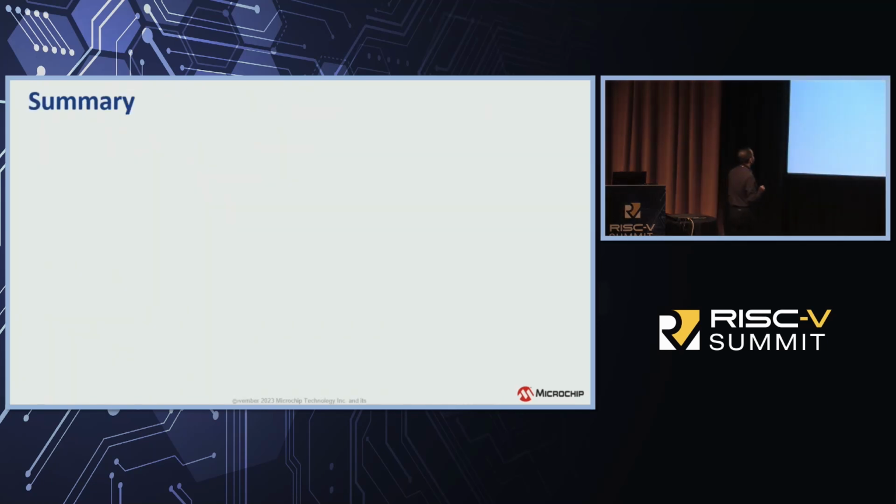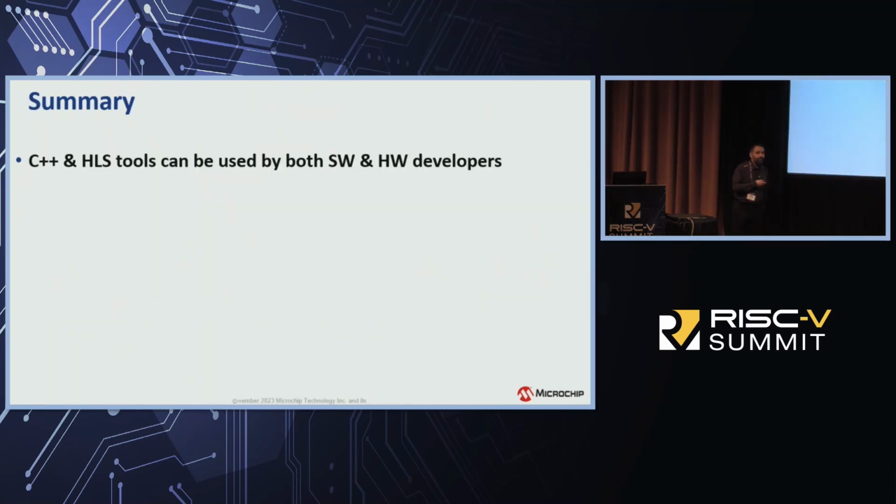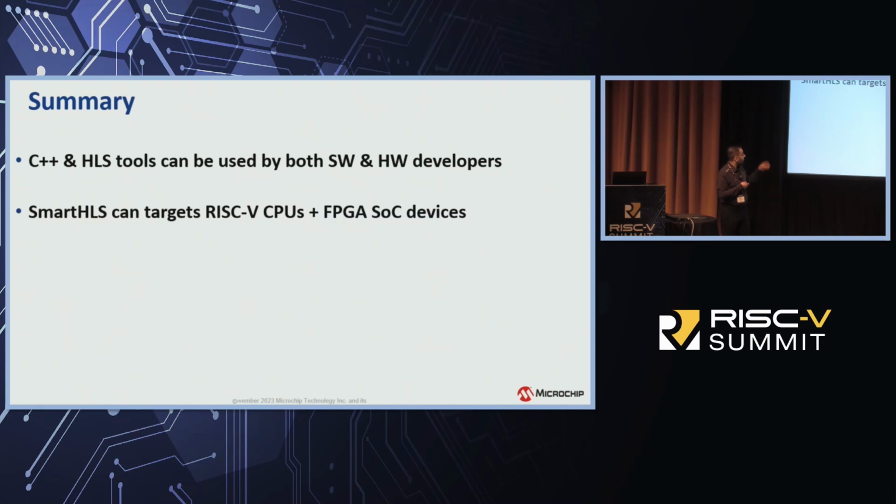So in summary, what we believe is that high-level synthesis and C++ can be used by both software and hardware engineers as a contract to facilitate co-design development. It supports RISC-V processors and FPGAs, and the concept is that you can architecturally explore and let each do what it does best.